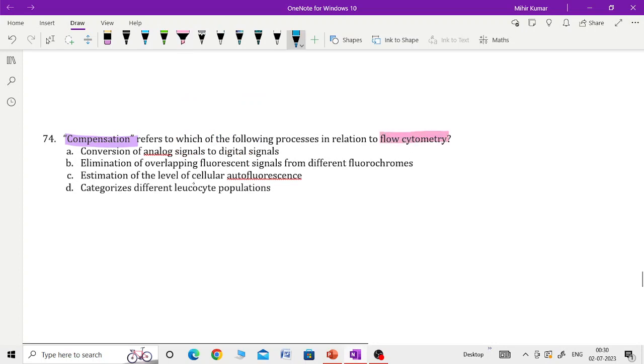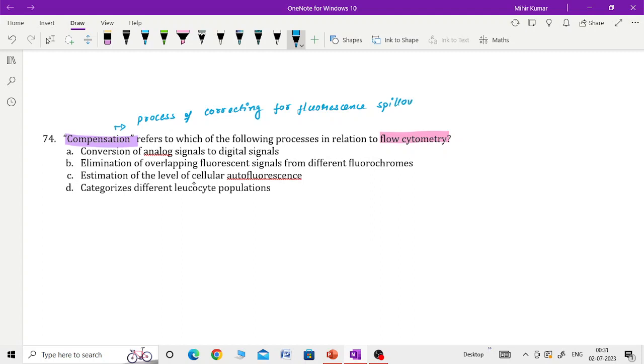In flow cytometry we use the term compensation, and just remember, this is the process of correcting for fluorescence spillover.